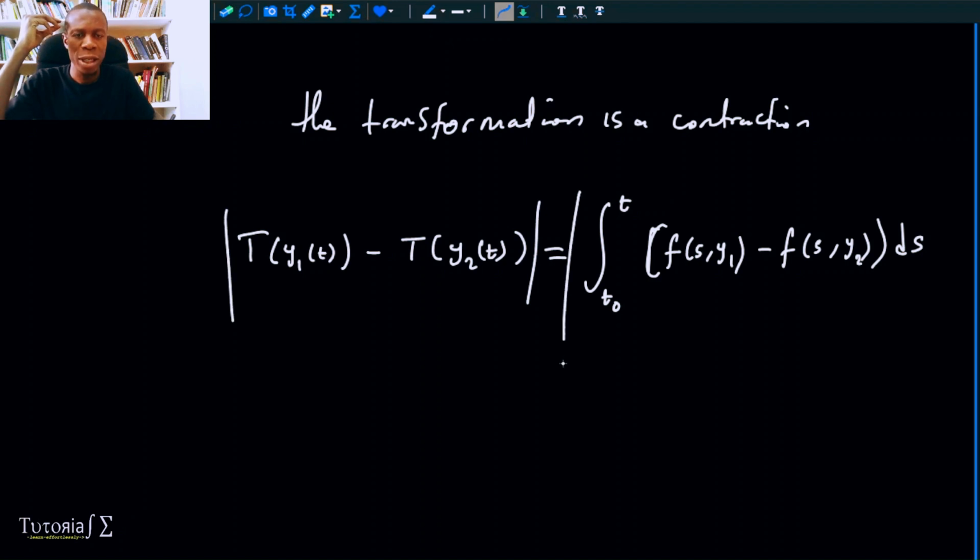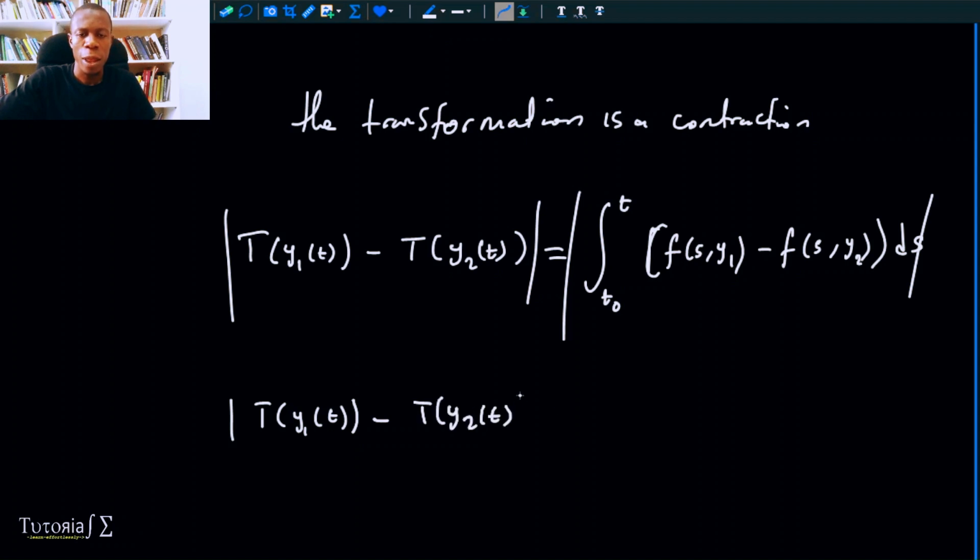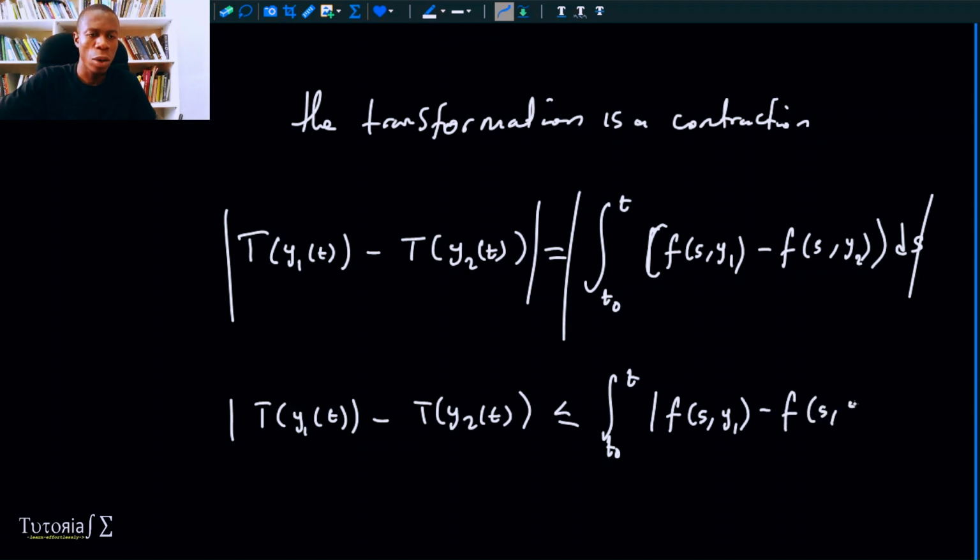Taking the absolute values inside the integral, we are going to have |T(y1)(t) minus T(y2)(t)| less than or equal to the integral from t0 to t of |f(s, y1) minus f(s, y2)| ds.